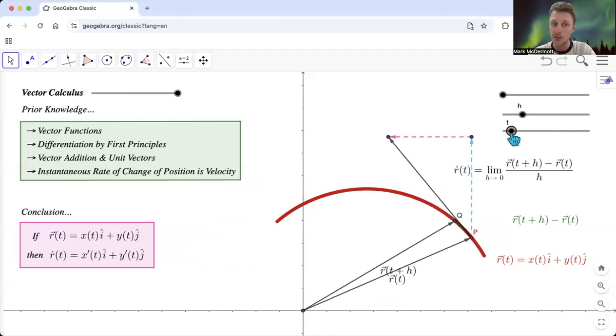Now, the really interesting thing is, this is the velocity vector, which is made up of these two component vectors.